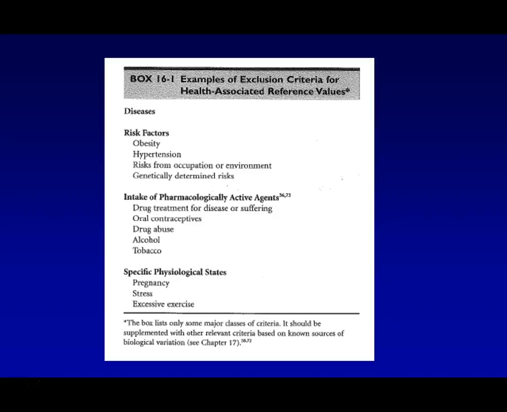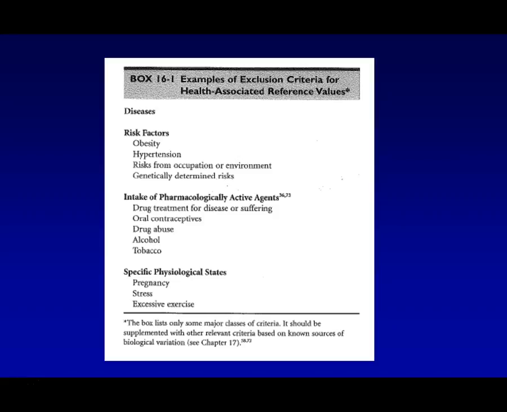As stated before, for reference values establishment, exclusion criteria can be applied. These are, for example, diseases, because then a subject is not apparently healthy, but also risk factors. For example, obesity, hypertension, risk from occupation or environment, this means pollution or toxicity, and genetically determined risks, for example, a family history of disease.